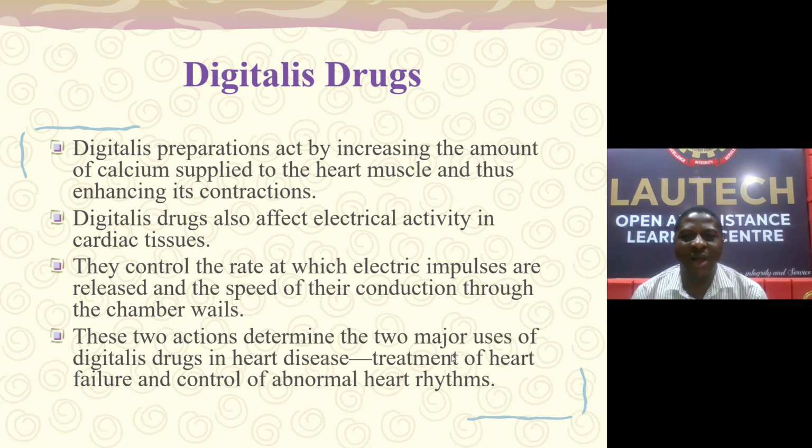Digitalis drugs also affect electrical activities in the cardiac tissue, controlling the rate at which electric impulses are released and the speed of their conduction through the chamber walls. These two actions determine the two major uses of the digitalis drugs: the treatment of heart failure and the control of abnormal heart rhythm.